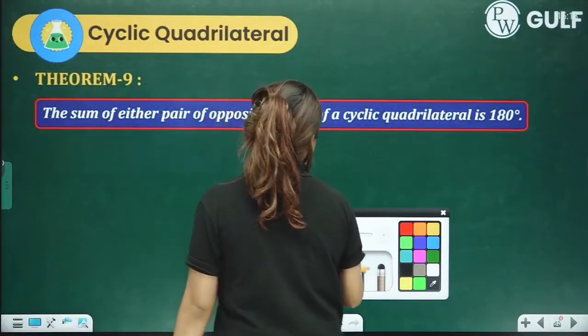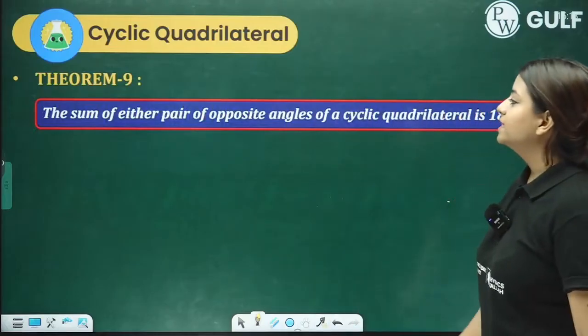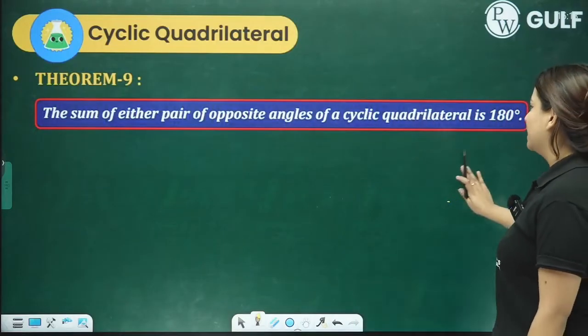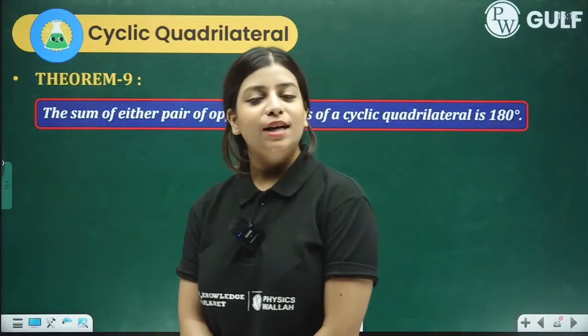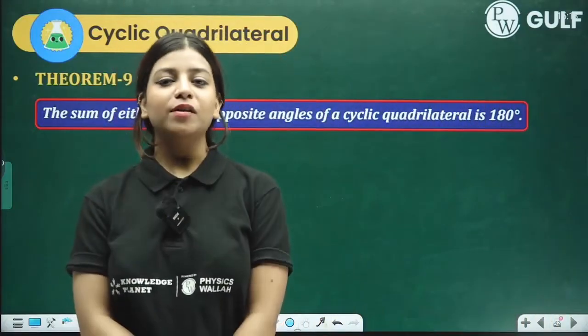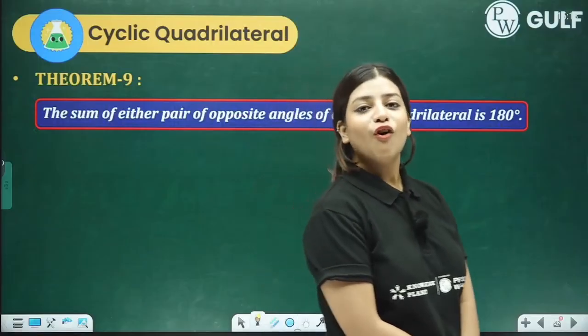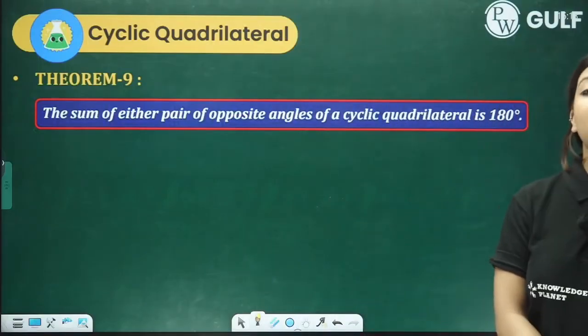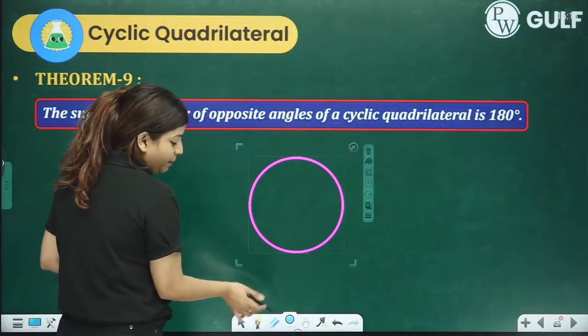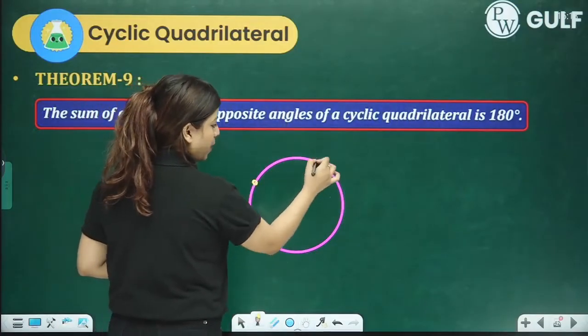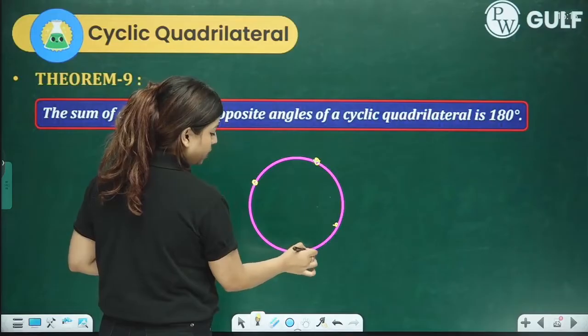Now this part says that the sum of either pair of opposite angles in a cyclic quadrilateral is 180. Now, what is a cyclic quadrilateral, students? A cyclic quadrilateral is a quadrilateral whose all 4 points lie on the circumference of the circle. For example, if this is a circle, this is point 1, point 2, point 3, point 4.